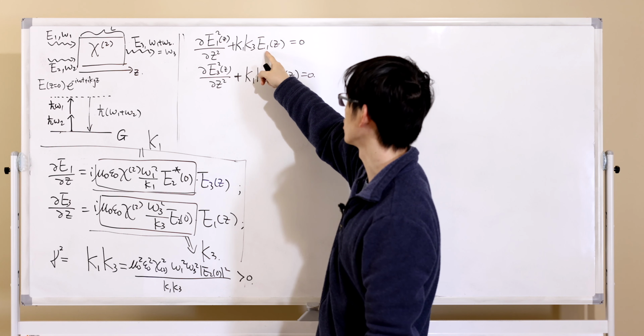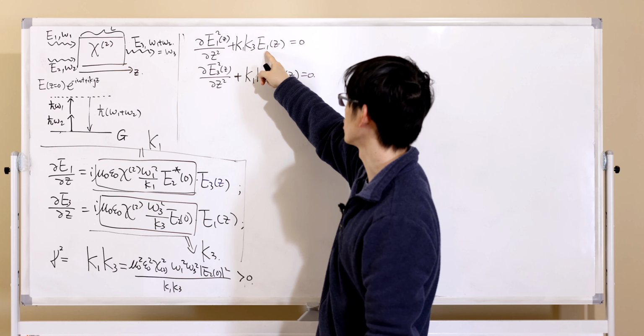If you look at E3 here, you will have a sine square function, going up and down, up and down. And if you look at E1, it's actually doing the same.